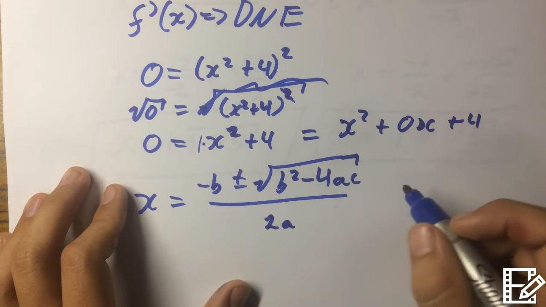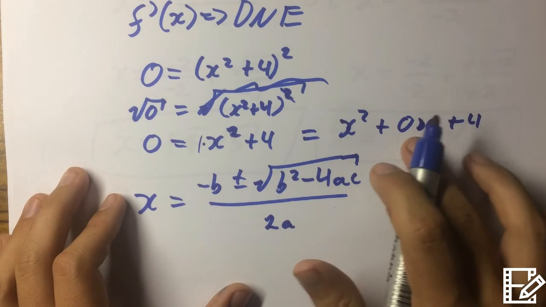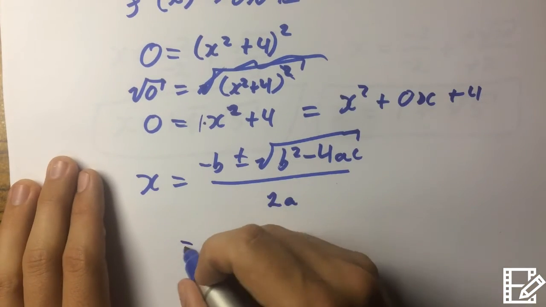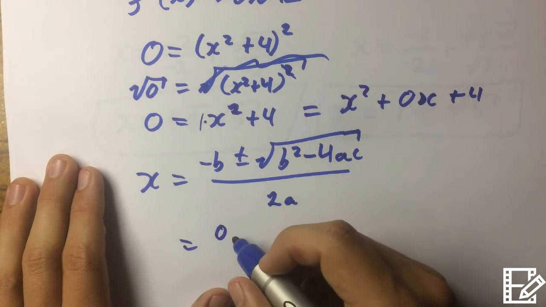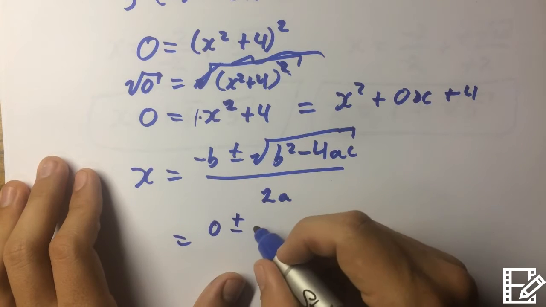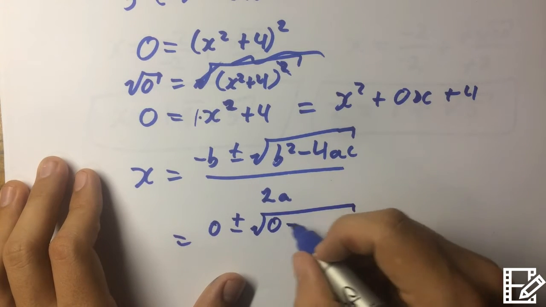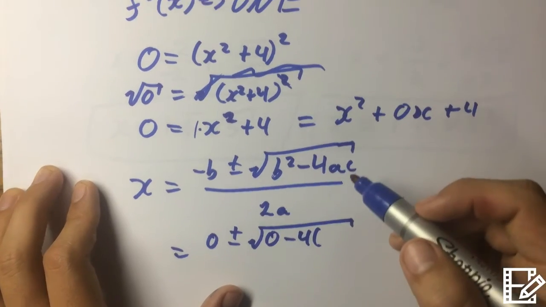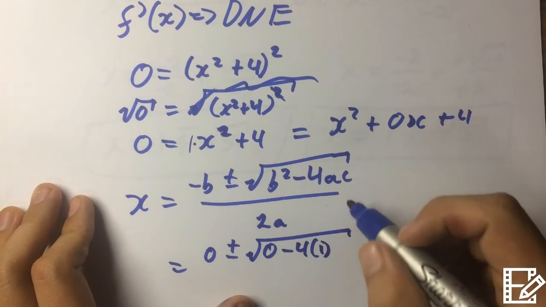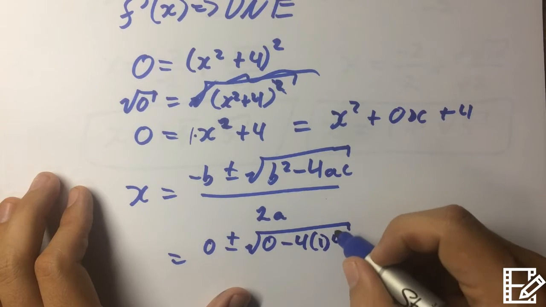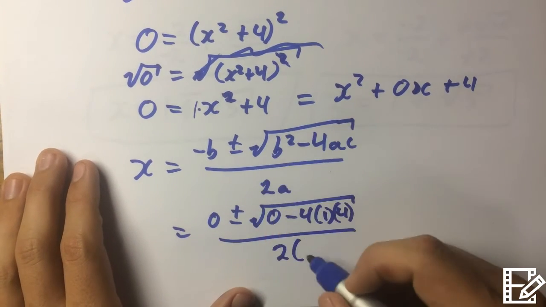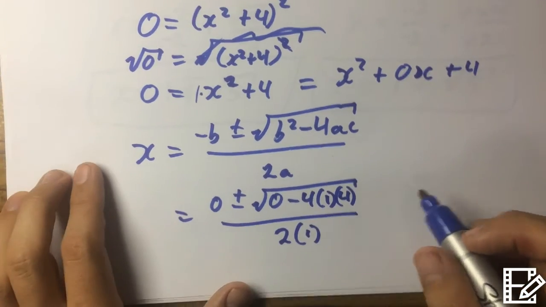That's the exact same thing, but you don't write 0 times x, you just leave it out. So the b will be 0, so negative 0 is just 0, plus or minus the square root of 0 minus 4 times a, which we said was 1, and c, which we said was 4, all over 2 times a, which is just 1. And this is what we're left with.